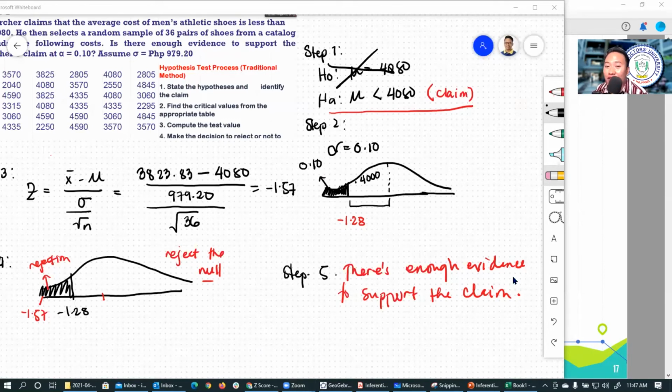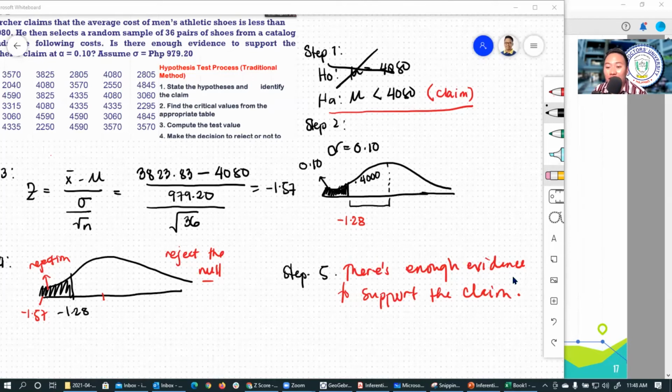Do not think that the shaded area is the null, and do not think that the unshaded area is the alternative. Think that the shaded area is the rejection area. If the value of the test statistic belongs to the shaded area, you're going to reject the null. If the value of the test statistic belongs to the unshaded area, you're going to accept the null. So it's always the null.